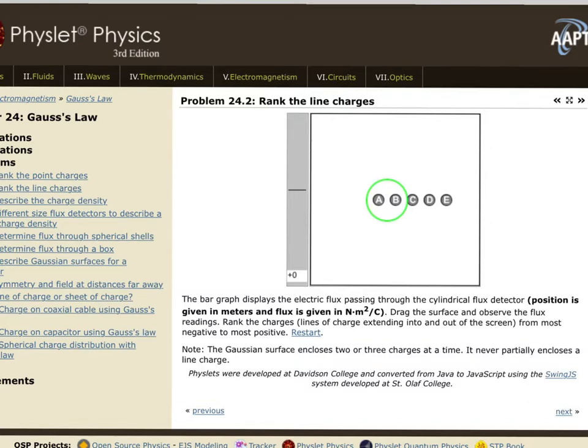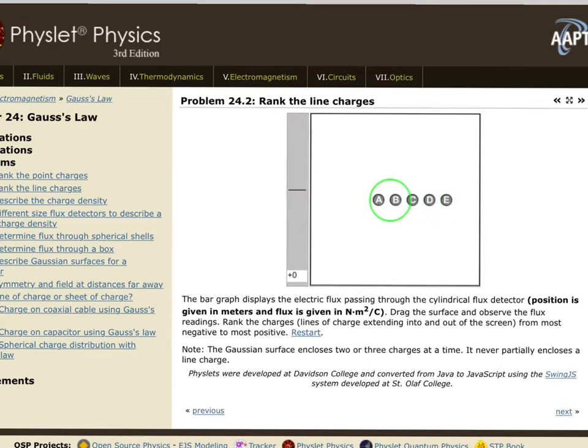These are lines of charge, so in order to enclose them, you have a cylindrical detector. Only the difference here is the detector can't enclose one charge. It can enclose 2 or it can enclose 3. But it can't enclose 1.